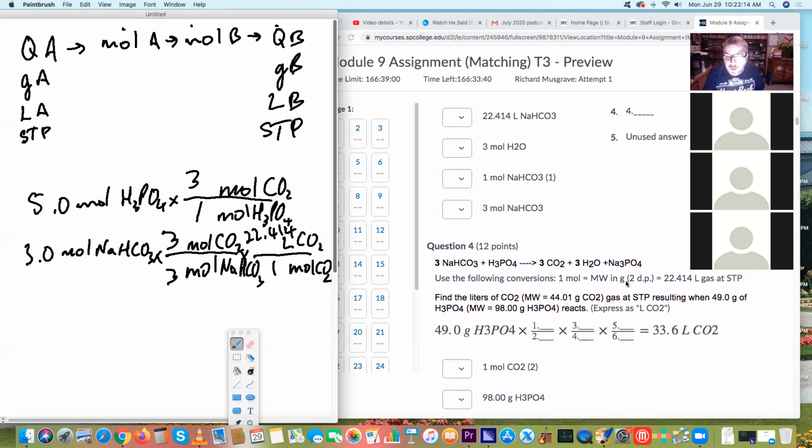Let's look at this one here. What it's asking for is the liters of CO2 when 49.0 grams of H3PO4 reacts.